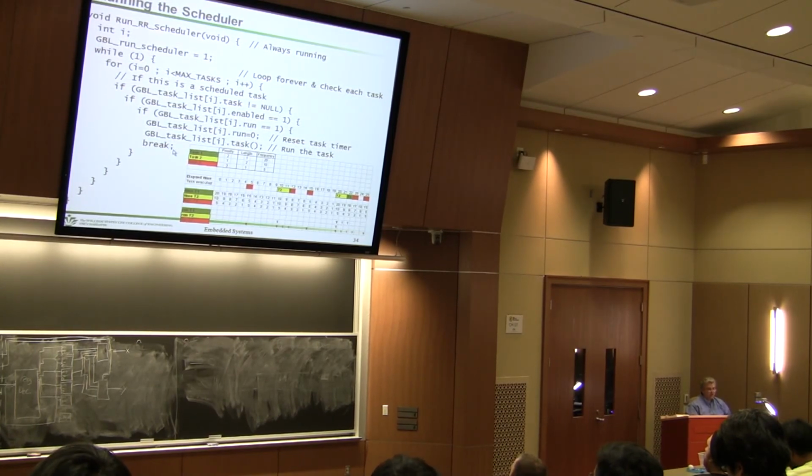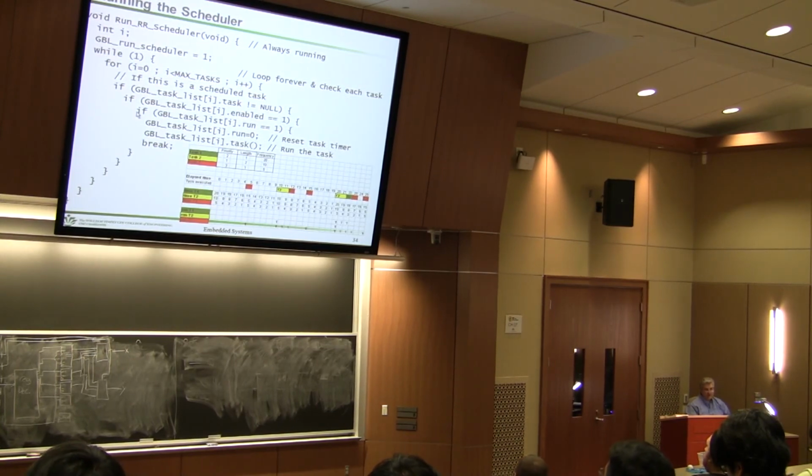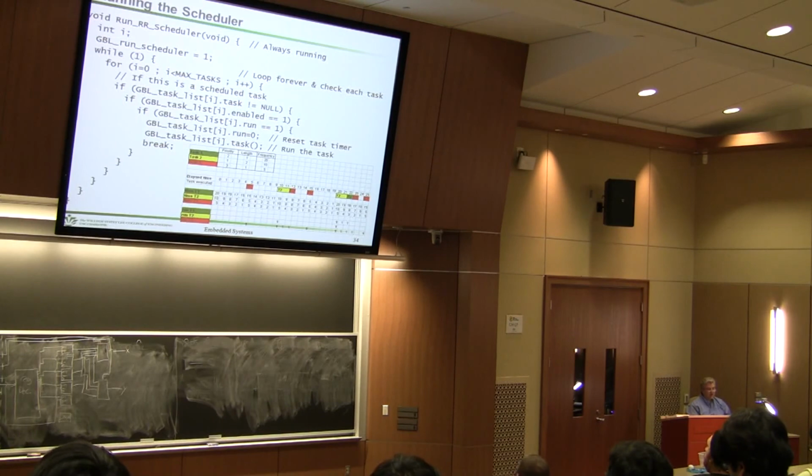So according to the rules of how C runs, you're breaking out of what? The last if, you're breaking out of the for, which will take you to the while.